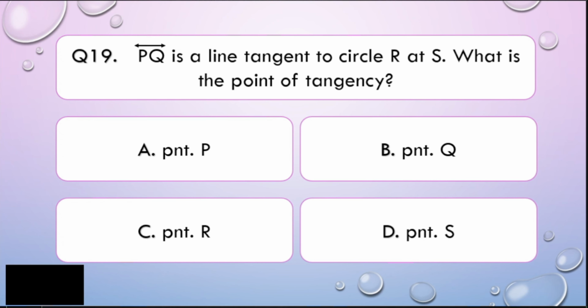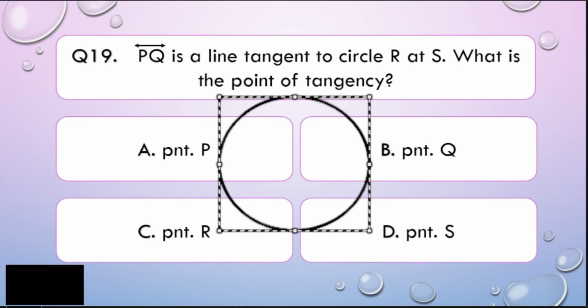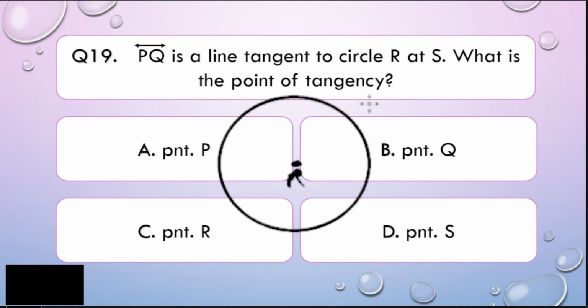So my dear math learners, if you have a circle and that circle is named R, so basically it looks like this. Okay, so that is the circle, and then the middle of that one is R. Now there is a line that is tangent. So that is the point of tangency.